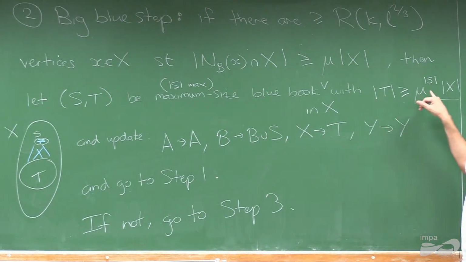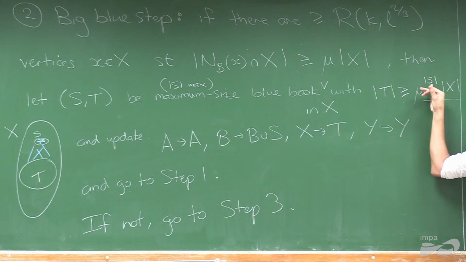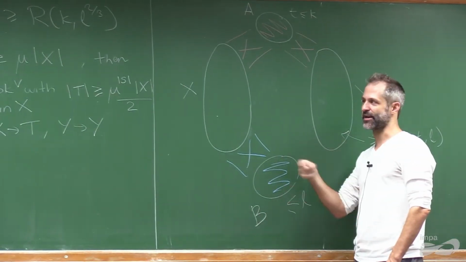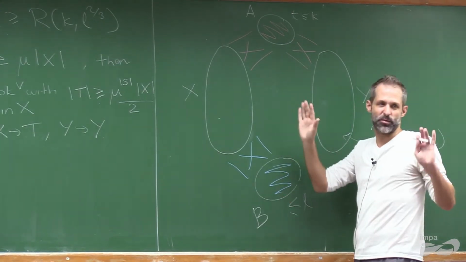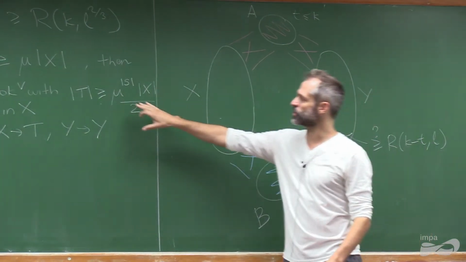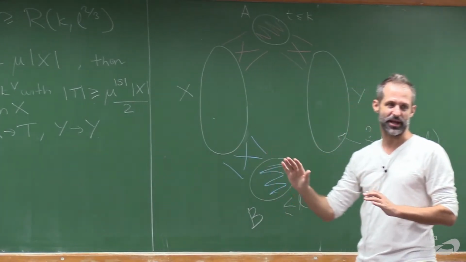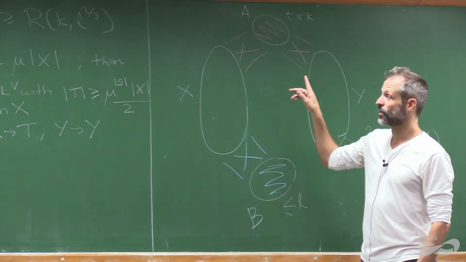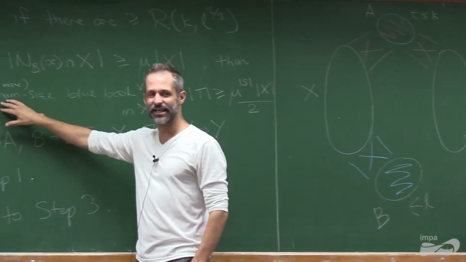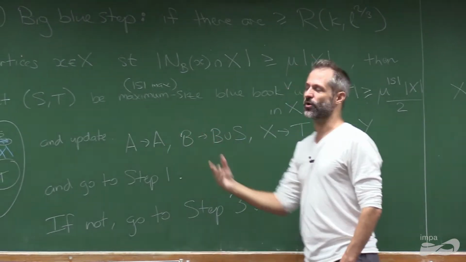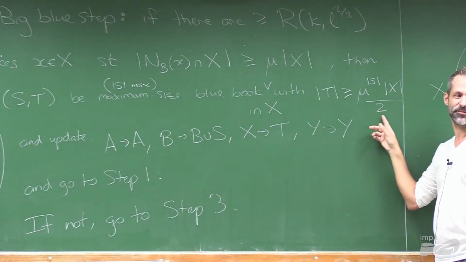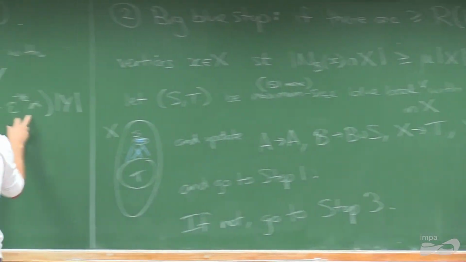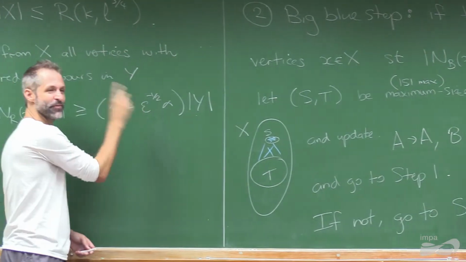First, mu to the S is okay because we're adding the whole set S to B, so we're using a factor of mu for each vertex, which is what we want. Mu was chosen because we're willing to give that up in each blue step, or will be chosen, I guess. The reason we want to take many blue steps at the same time means the 2 doesn't matter, but more importantly, it means that this loss here doesn't matter. I'm glad you asked just before I raised this.